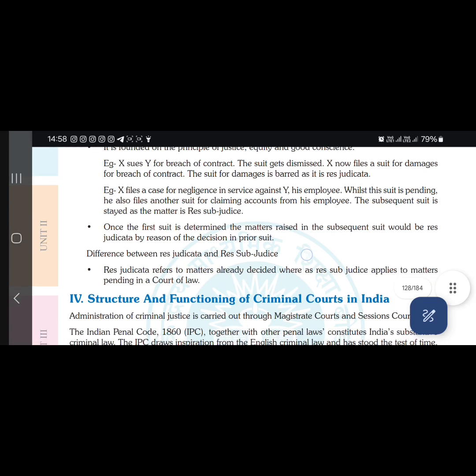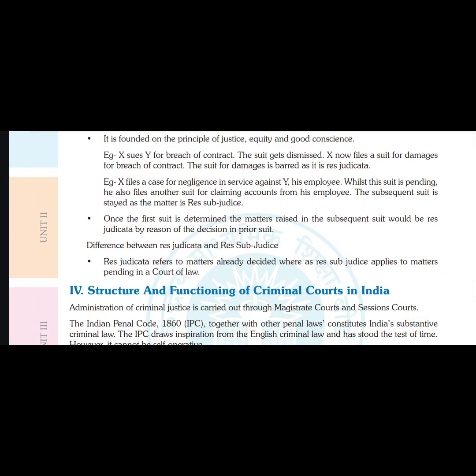Okay, now next example, X files a case for negligence in service against Y, his employer. While his suit was pending, he also files another suit for claiming accounts from his employer. Now the subsequent suit is stayed as the matter is res sub judice. Case of negligence, X versus Y. This suit is pending.